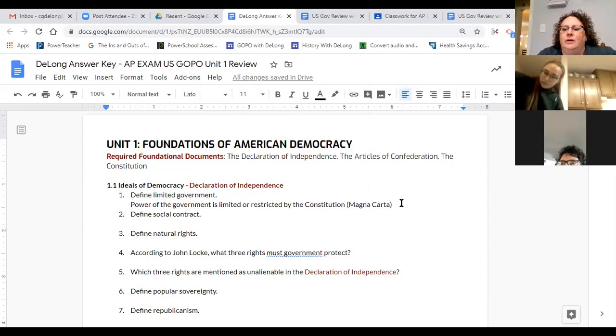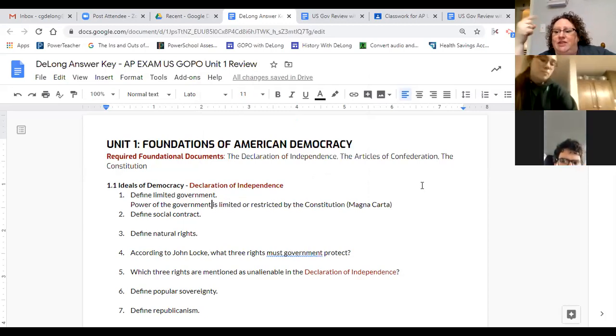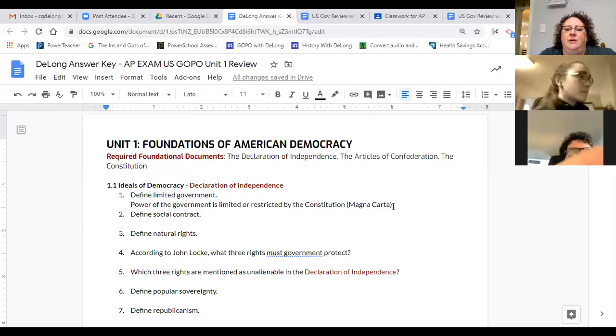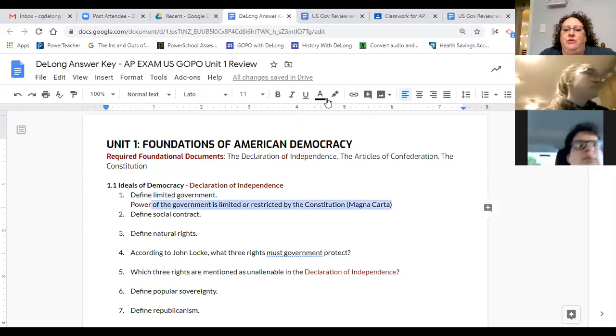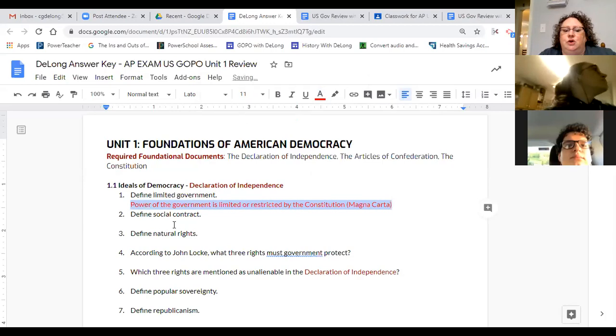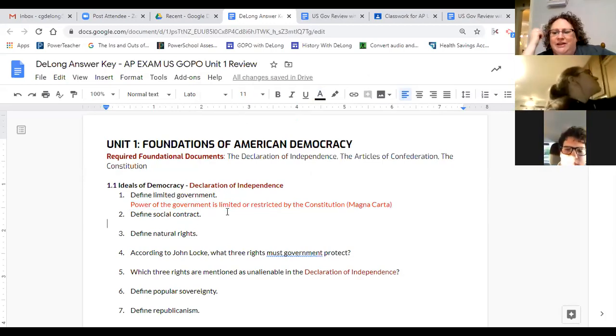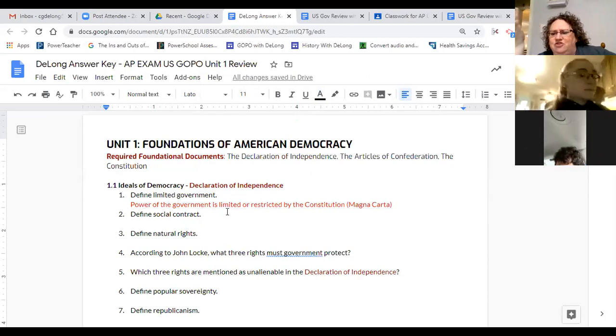Was it Bob's? So I would think about that idea that with the Magna Carta, even the king is under the law. So that's really when you think about limited government, kind of think about that. And you think about the Declaration of Independence, when he's talking about governments being instituted among men, what's their purpose, and that if the government is not doing its job.